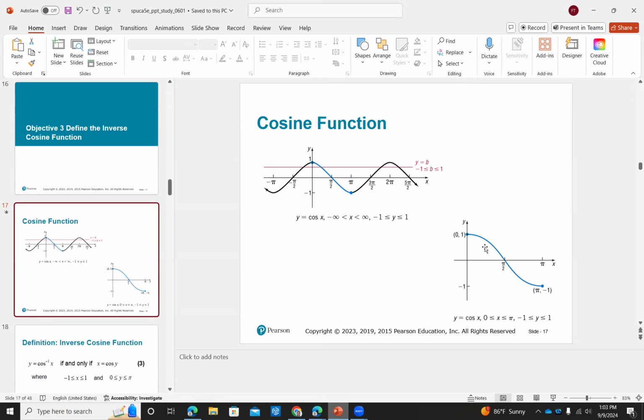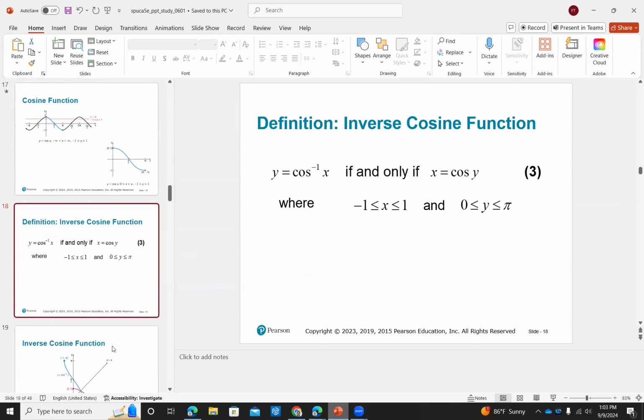Now, for the cosine of x, if you restrict your domain to 0 to pi, you're going to obtain all these unique y values, and your range is going to still stay at -1 to +1. Now, this is your cosine graph. For the inverse cosine, since you have to switch your y and x values, now your domain for the inverse cosine will be -1 to +1, and your range will be from 0 to pi.